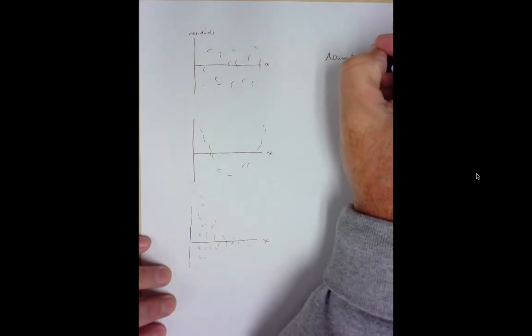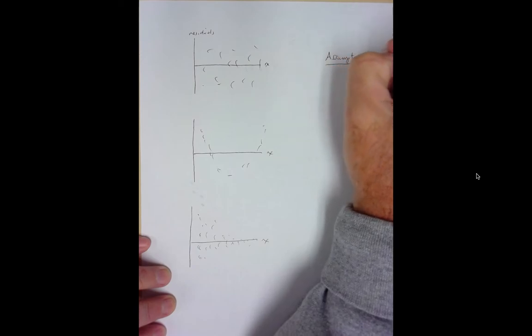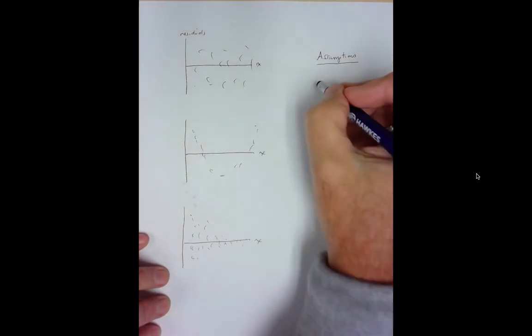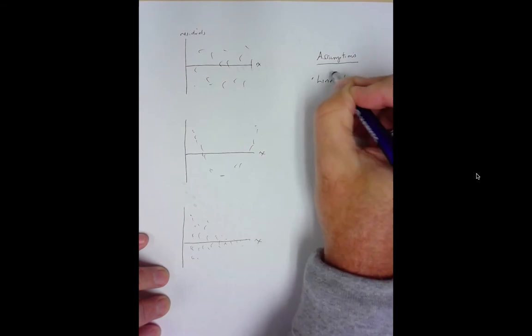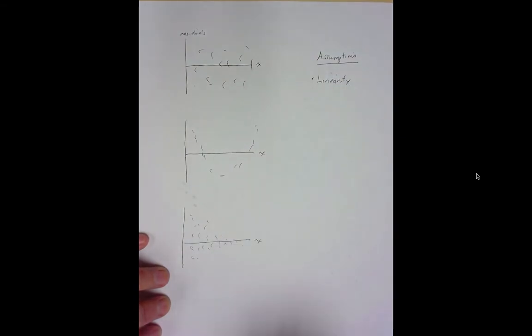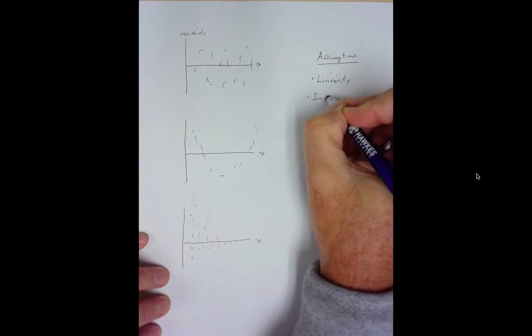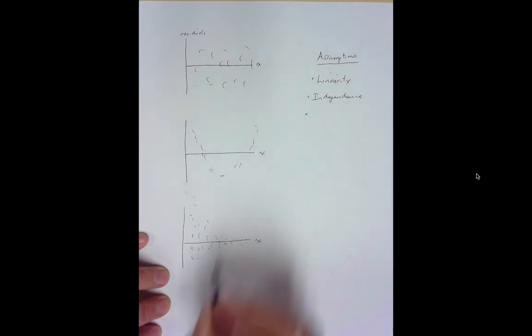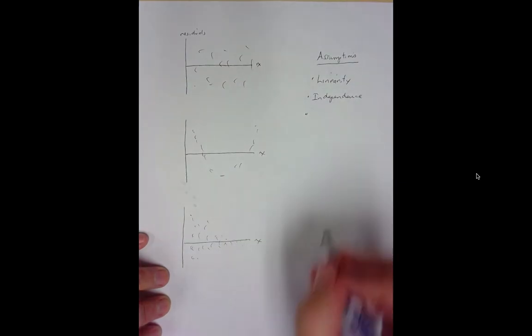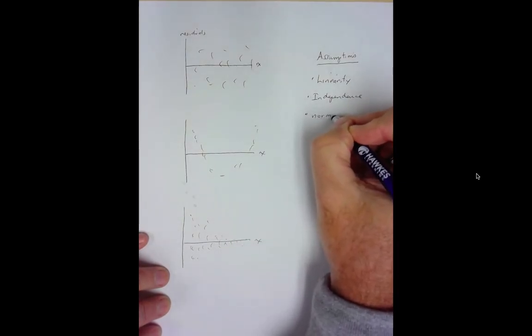Guys, the assumptions for creating a linear model are this. First of all, we have to have linearity. Second thing, we have to have independence. The third thing, we have to have normality.